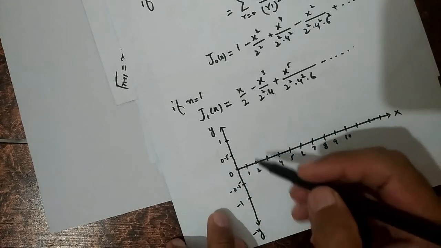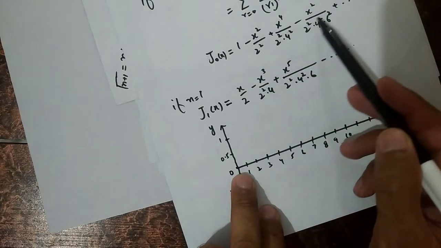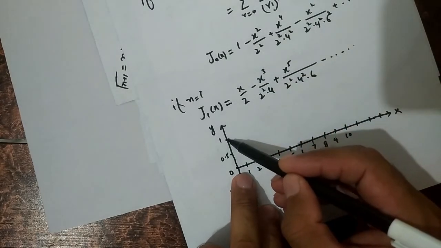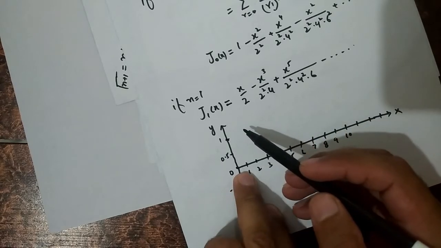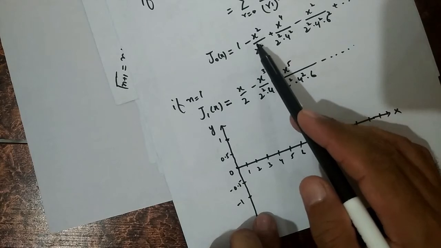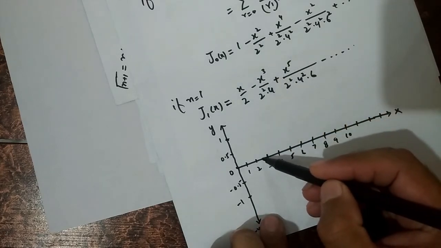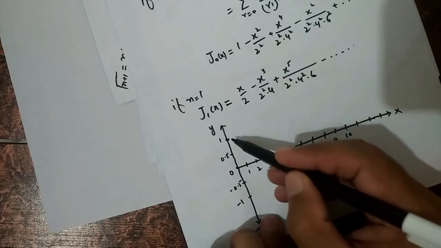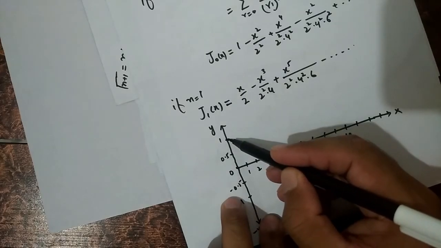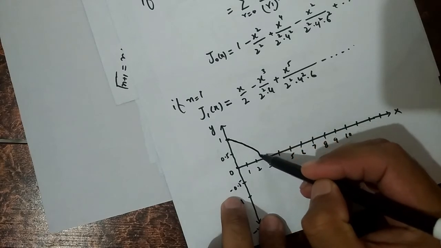So if we put x equals to 0 in this series, it will give us 1. And when we put higher values, if we reach up to 2.5, the function will become 0 here.